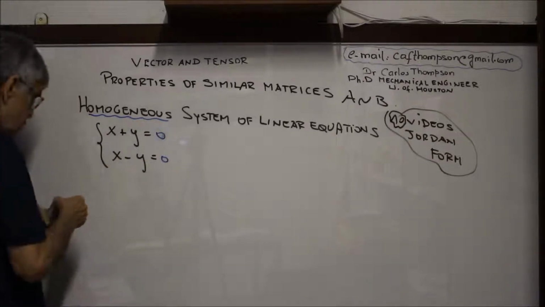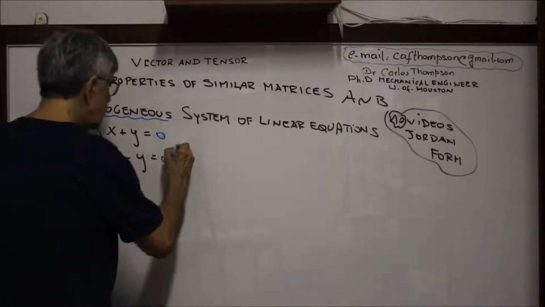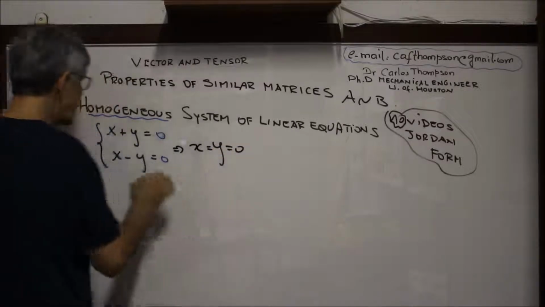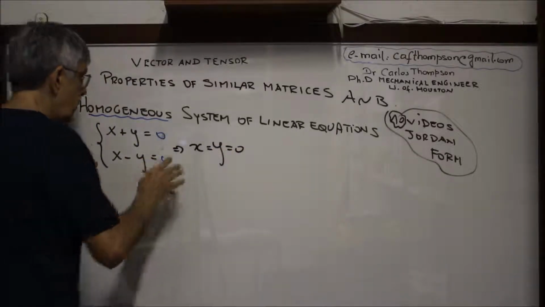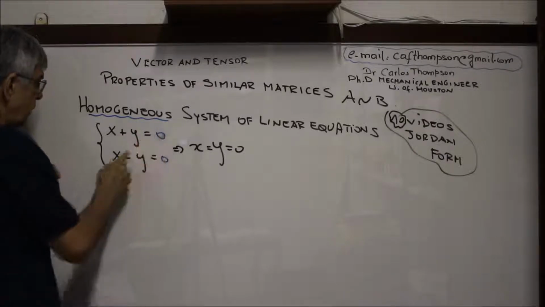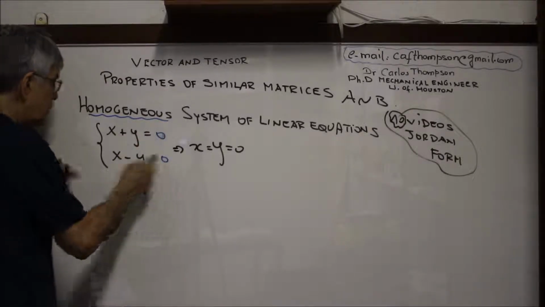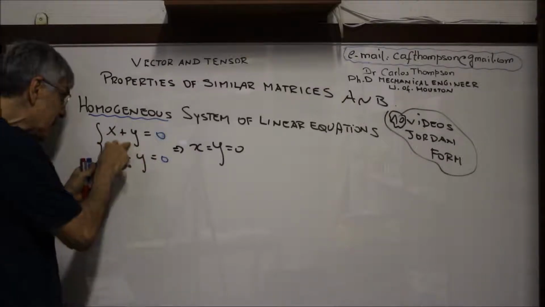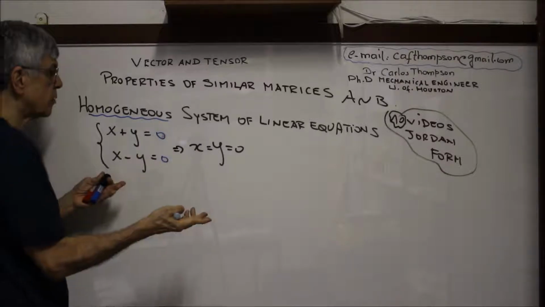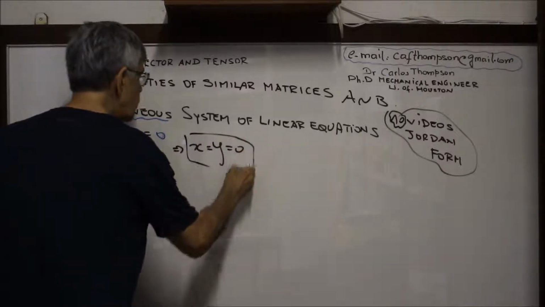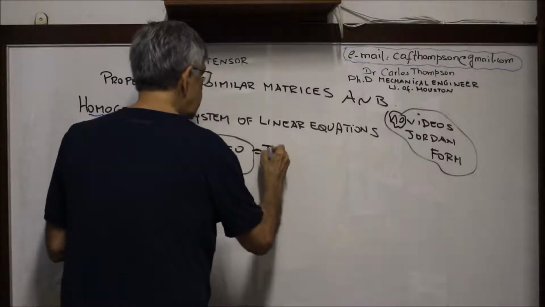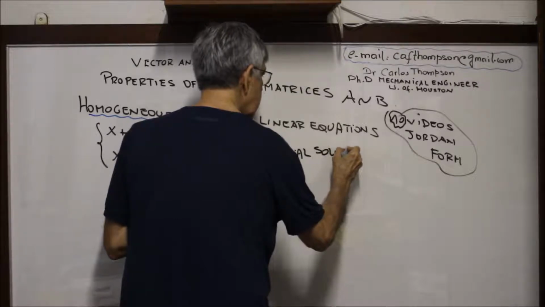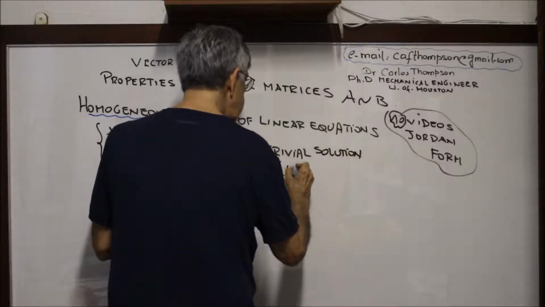So the only solution here is x equals y equals 0. That's the only solution, because 0 plus 0 is 0, 0 minus 0 is 0. Two numbers whose difference is 0 are the same number, and then the sum being 0 is impossible. So this solution is called the trivial solution, or unique solution.